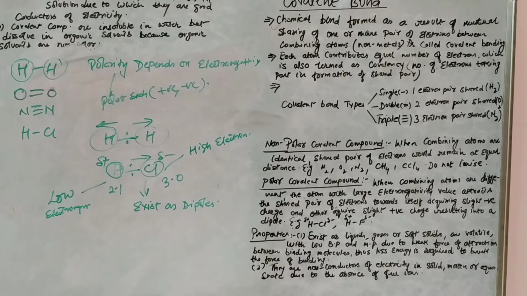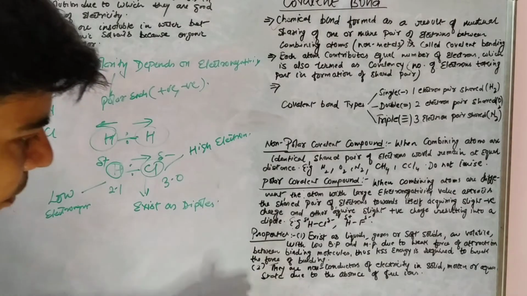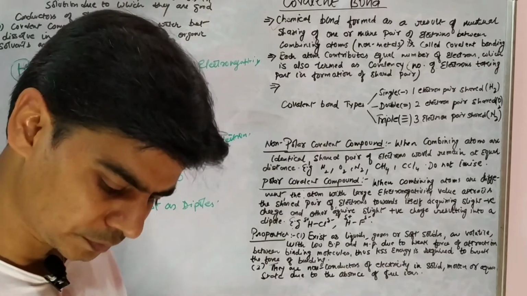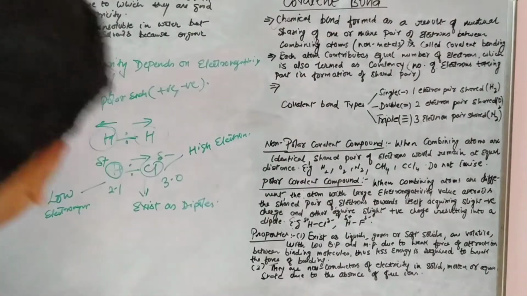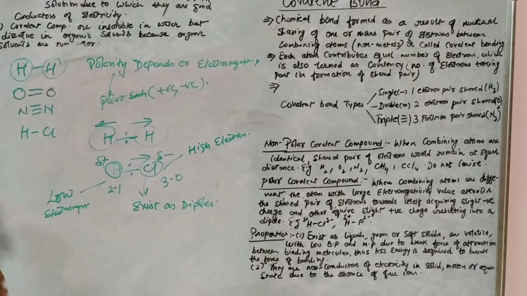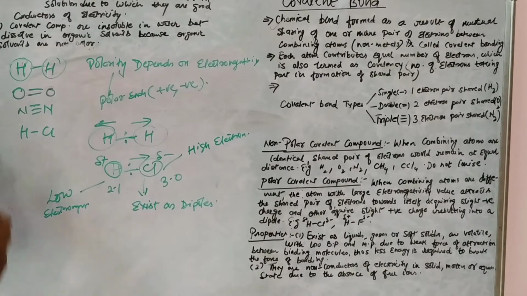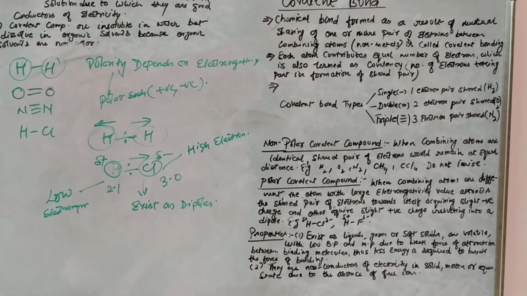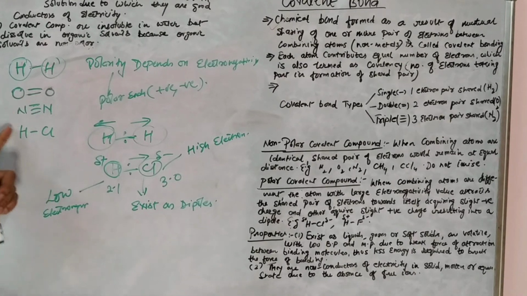So now let's quickly see the properties of covalent compounds. In all these we have seen that covalent compounds exist as molecules. This is an oxygen molecule, this is a nitrogen molecule, HCl molecule, right?